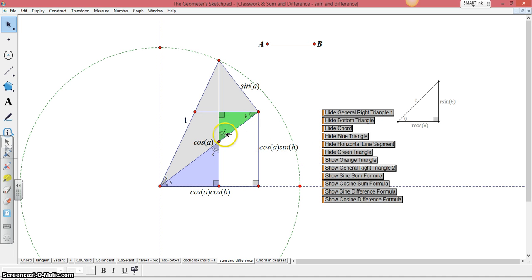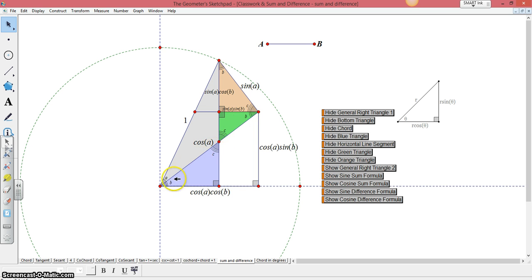This triangle has vertical angle C in it. We know that a triangle with angle C and a 90-degree angle must then have angle B as its third angle. I will now show orange triangle, this one up here. Notice how angle B forces this angle to be C because it is a right angle.